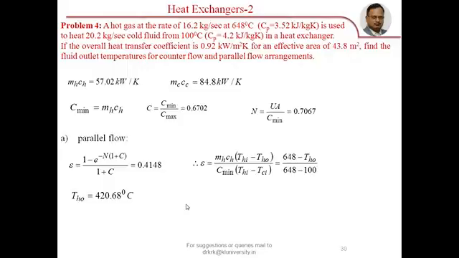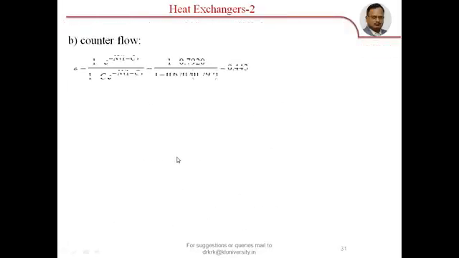Once you know THO, you can calculate TCO by using effectiveness as MCCC into TCO minus TCI by C minimum into THI minus TCI. MCCC is C maximum. Bring that MCCC to the denominator, you will get C minimum by C maximum, which is C, 0.6702. So 1 by 0.6702 into TCO minus TCI; all the temperatures are known, TCI, THI, and the other two. You will get the value of TCO as 252.3.